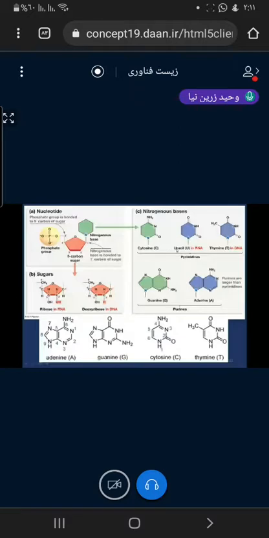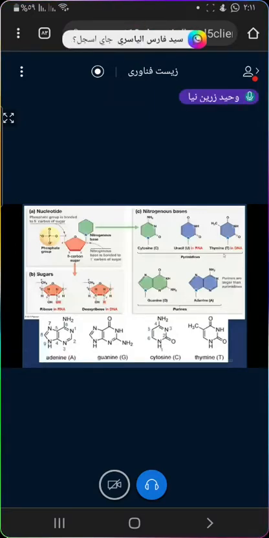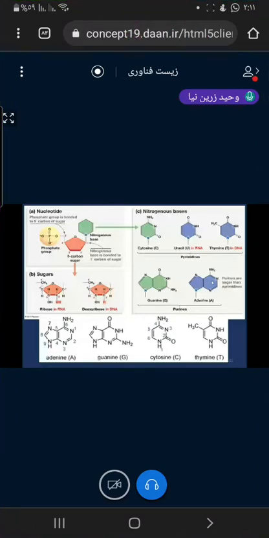Some of them are pyrimidines and others are purines. What are the pyrimidine nitrogen bases? The pyrimidine nitrogen bases are uracil and thymine. And the purines are guanine and adenine.